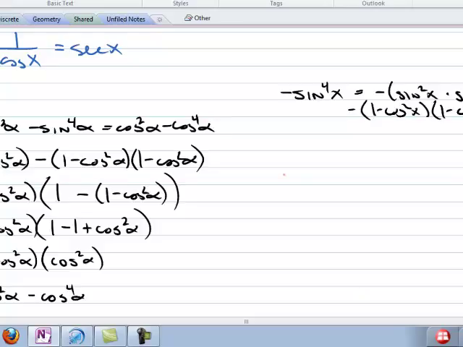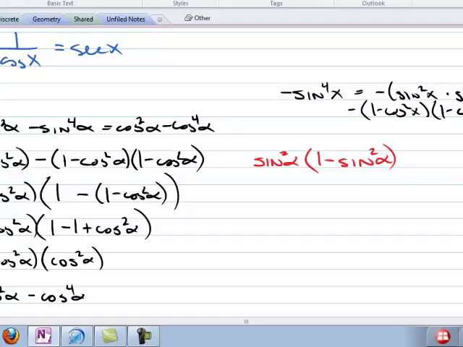The other, number 2 in red. The other thing that I noticed, there's a sine squared common here. And if I take a sine squared out, that would leave me with 1 minus sine squared. Let's see if this will work out.